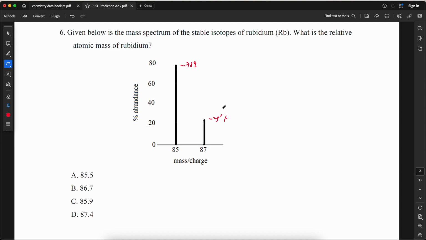Okay, so for this mass spectrum of stable isotopes, of course, the most abundant isotope matters. Therefore, the relative atomic mass should be closer to 85. So it's 85.5. Okay, because it's the most abundant isotope, it should be closer to 85, not 87.